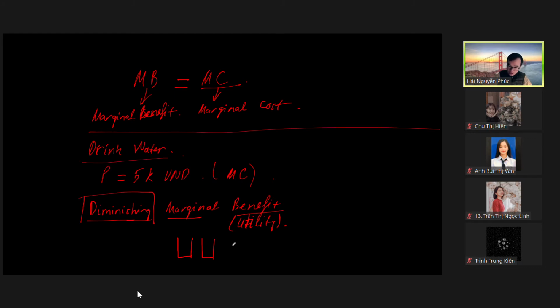You continue to drink the third one. Then you can see that the marginal benefit of the third one is lower than the marginal benefit of the second one. If we draw on the graph, like this way.